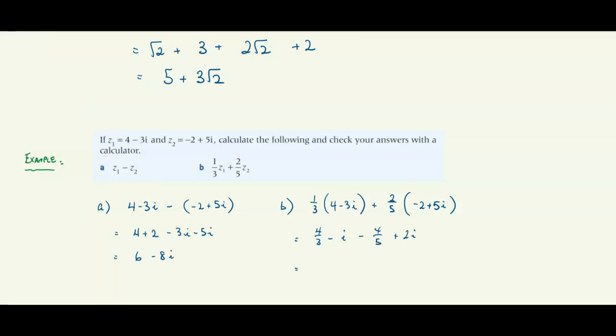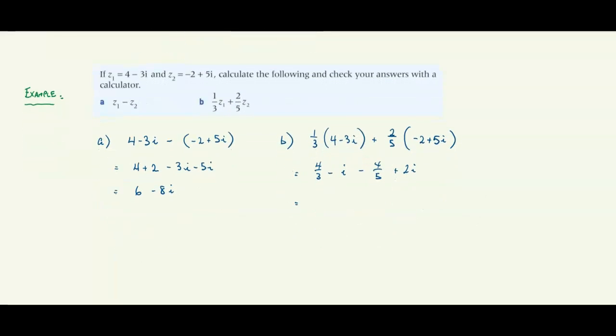Putting our real and imaginary parts together, 4/3 minus 4/5 gives 20 minus 12 over 15, and minus i plus 2i gives plus i. So we end up with 8/15 as the real part, and just 1i as the imaginary part. So this is the result of 1/3 times Z1 plus 2/5 times Z2.